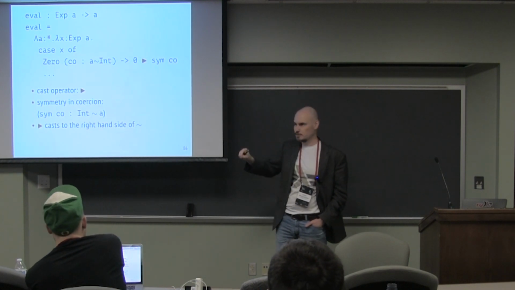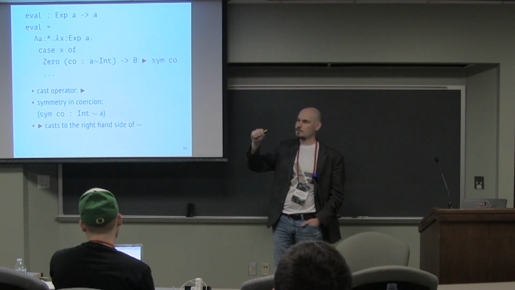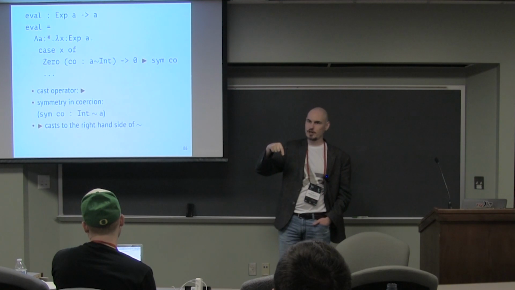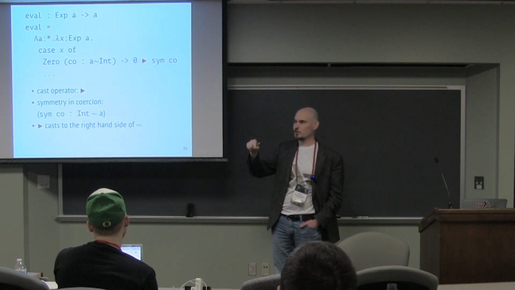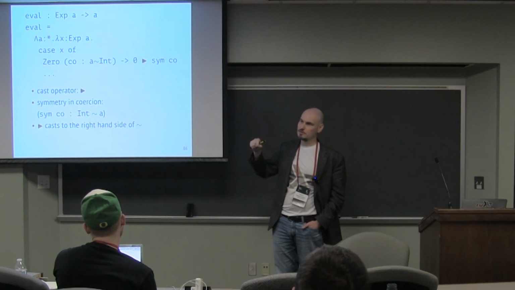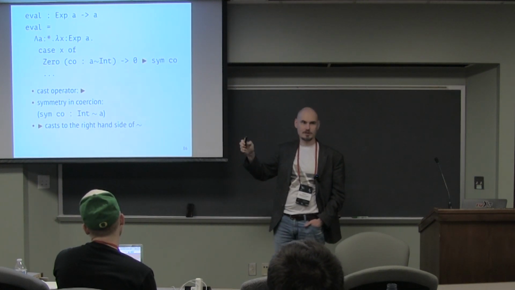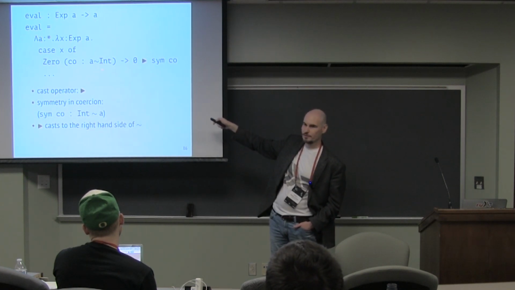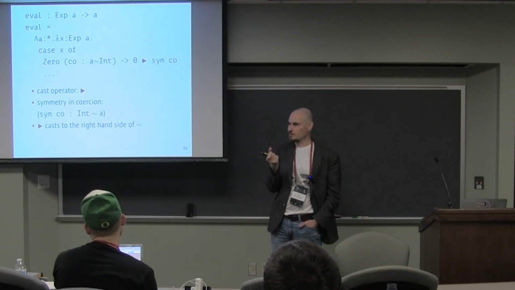Now, we have 0 of type int, and we have to cast it to A. So we need a coercion, int coercible to A. And we have another coercion here, A is coercible to int. And we just use symmetricity here to turn around this coercion.